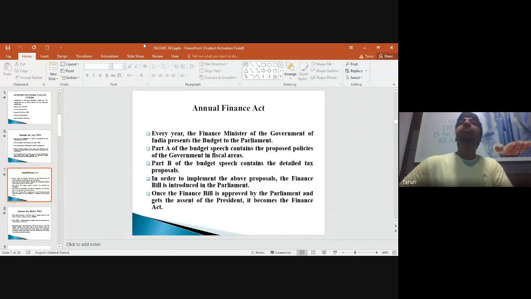Any act related to the finance legislation is always implemented on an annual basis only. If some countries announce the finance bill on a quarterly basis, it is not implemented; it stays in process, and at the end of the year it is implemented once the final decisions are taken by the parliament.